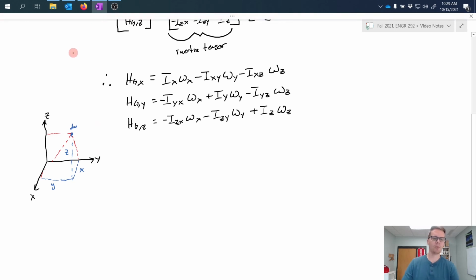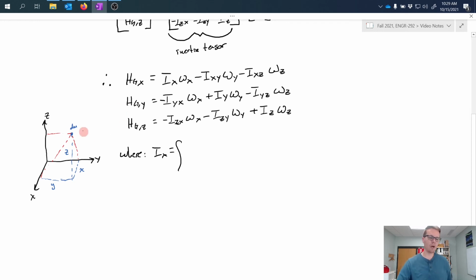So if I go ahead and write those out, I would take the integral of all of the various distances for all of the mass in my rigid body.